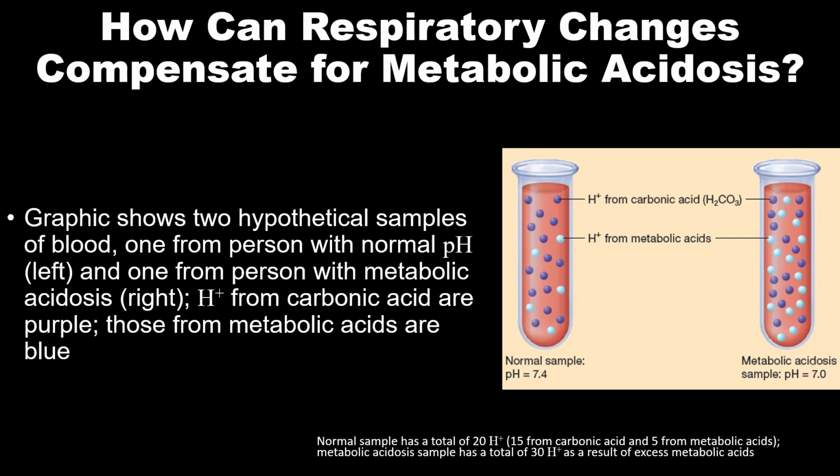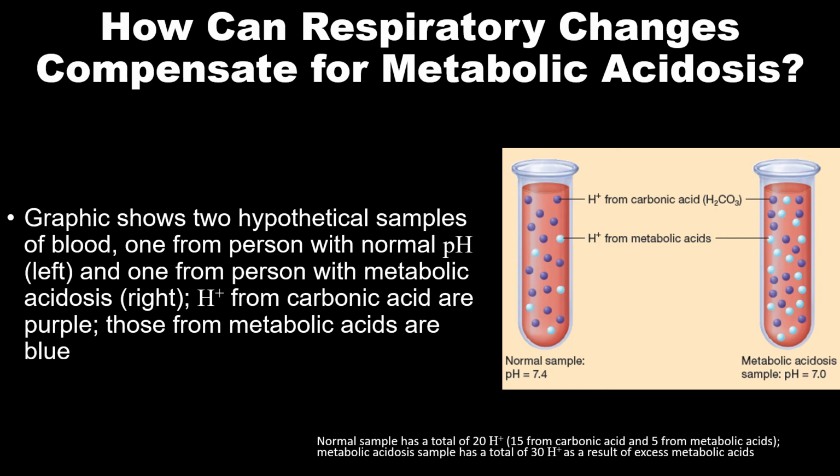Do notice that the normal sample on the left has 20 hydrogen ions, 15 from carbonic and 5 from metabolic, with a pH of 7.4, right there in the middle of the normal range. The metabolic acidosis sample has 30 hydrogen ions as the result of excess metabolic acids and has a pH of 7, so it's very acidic for blood.